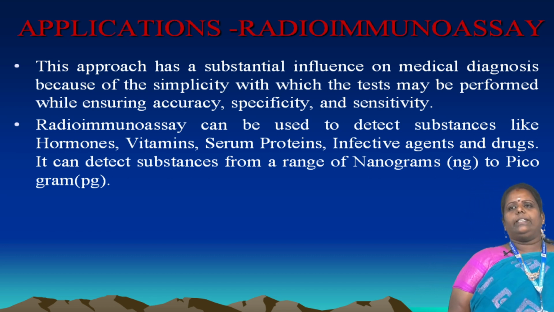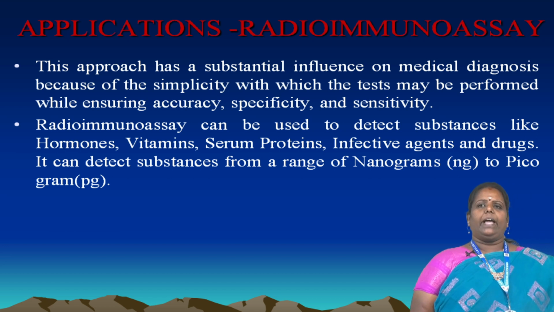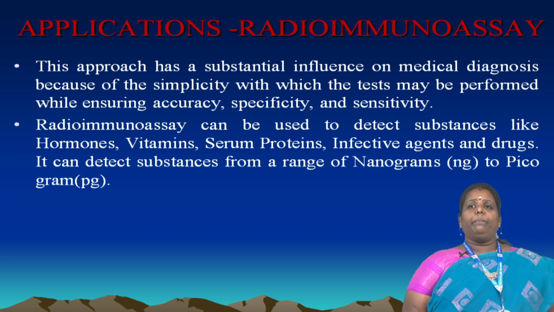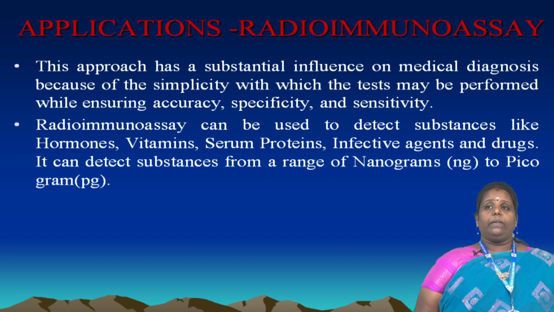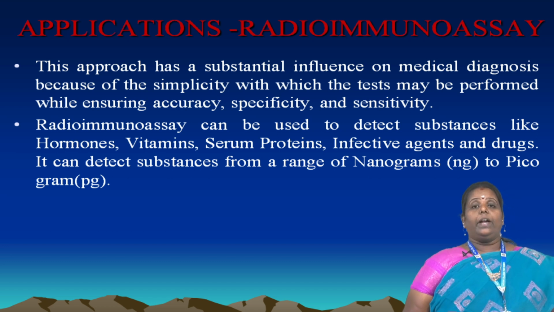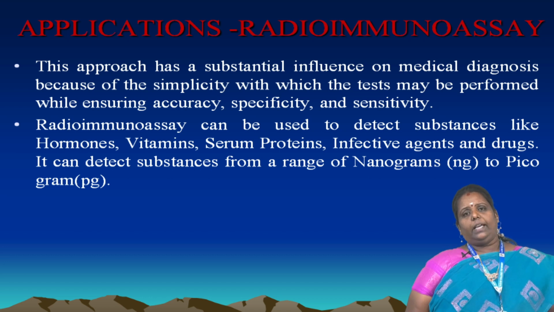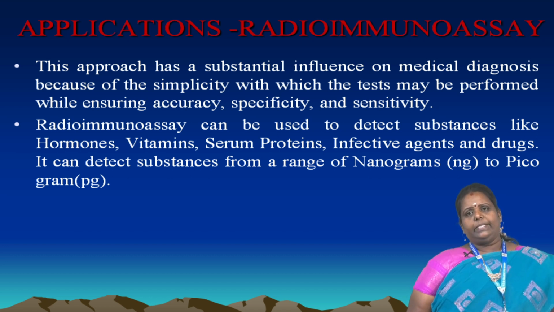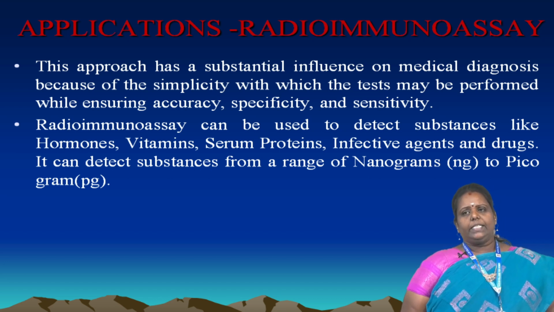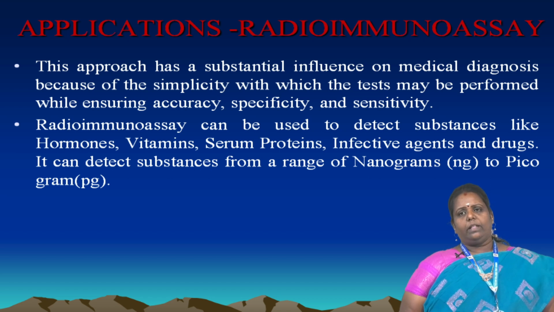This approach has a substantial influence on medical diagnosis because of its simplicity, while the test may be performed ensuring very good accuracy, specificity and sensitivity. Radioimmunoassay can be used to detect substances like hormones, vitamins, serum proteins, infective agents, and any drugs affecting the body.